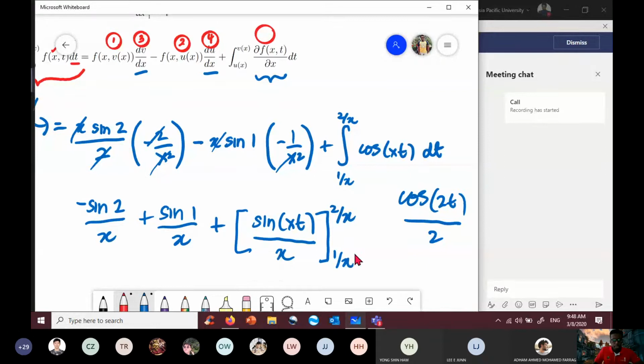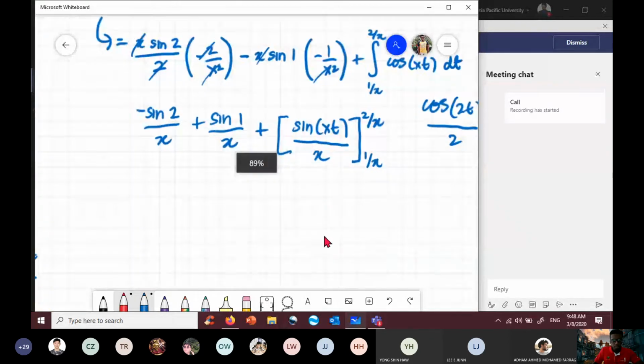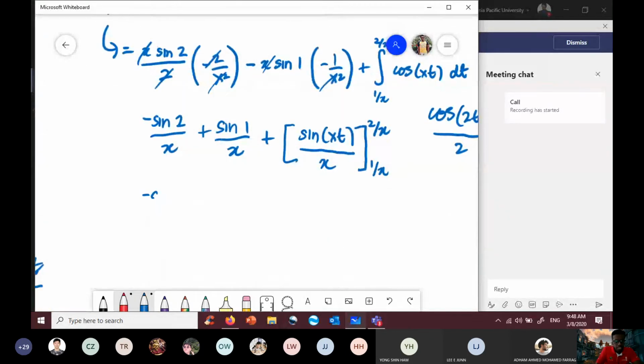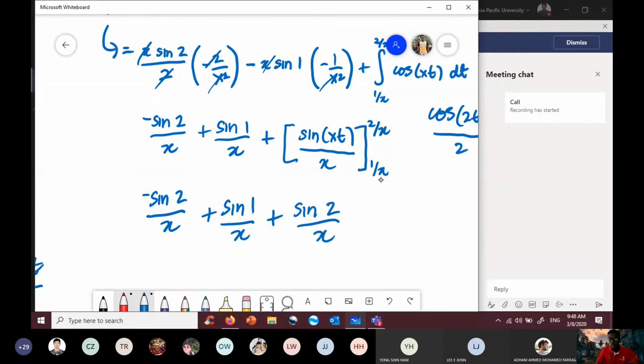Okay, so let me simplify it again because I think it's possible. So negative sine 2 over x plus sine 1 over x plus, put in 2 over x here. Okay, if you put in 2 over x into your t, the x and x will cancel off. So you just have 2. Put in 1 over x here, the x and x will cancel off.